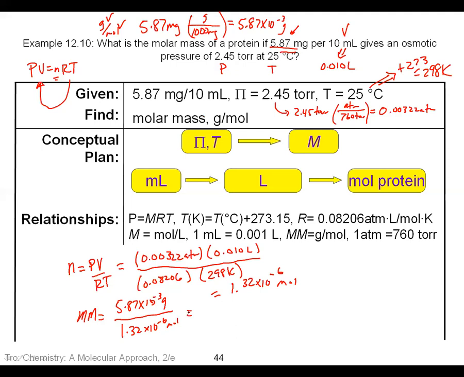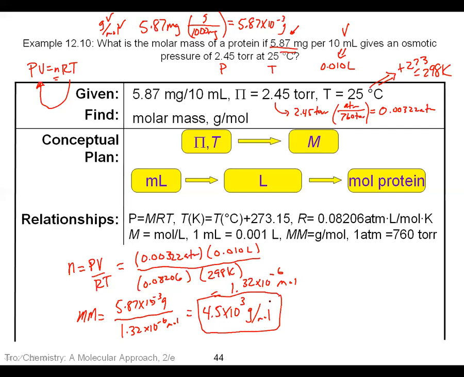And that will get us a molar mass of 4.5, we'll call it, times 10 to the 3 grams per mole. And it is a protein, so it would probably be a relatively large molar mass, as it probably has a lot of things in there, about 4,400 grams per mole.